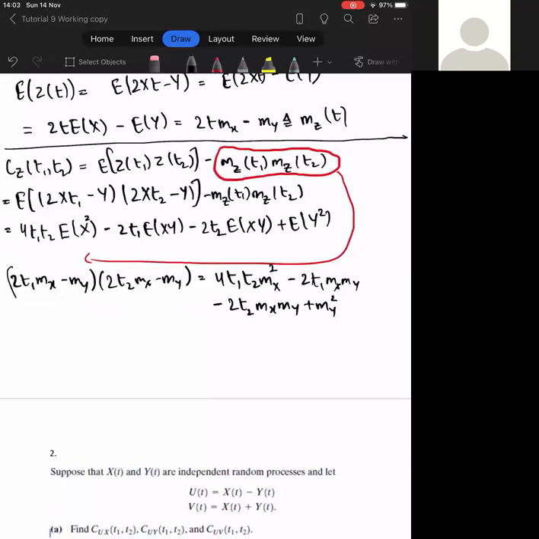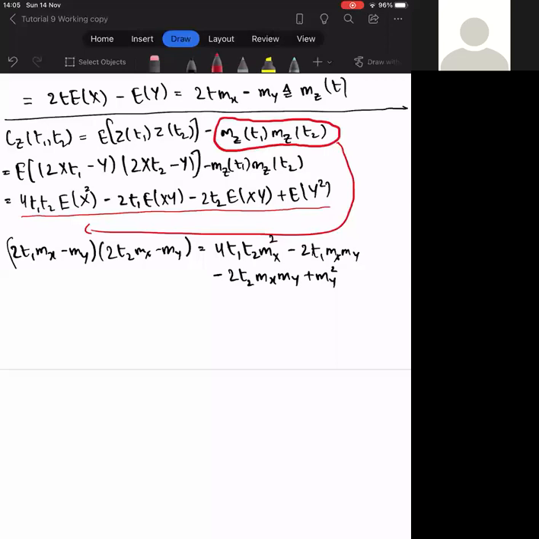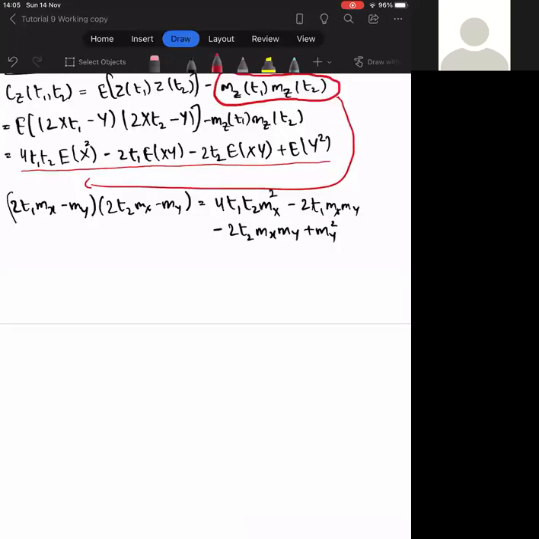Okay, so we have the terms simplified. Now, we subtract this second term from the first. Let me just add some space for one second. Okay, now that I have more space, I can write this out.